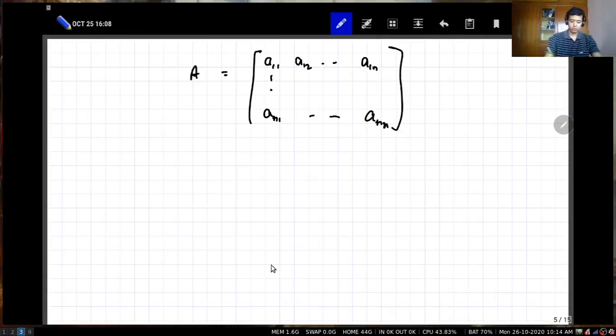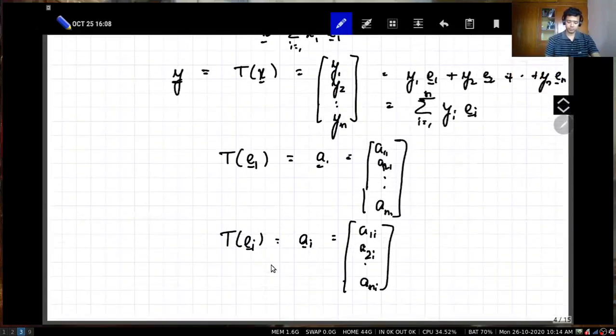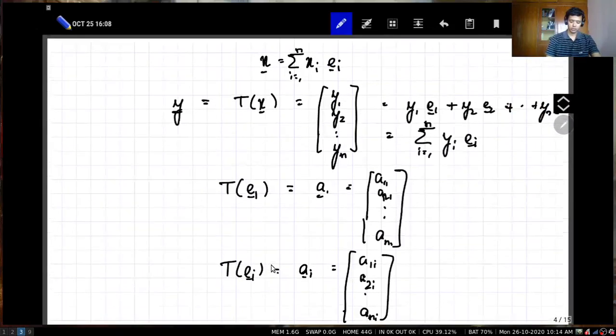Because note that when we multiply this by x, we get the vector y, and that is indeed what we see here. So effectively, this matrix A represents the linear transformation relative to the standard ordered basis.